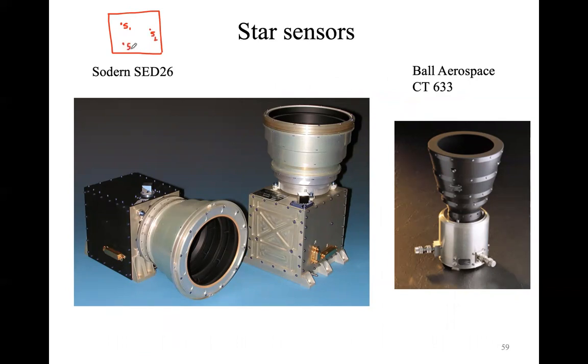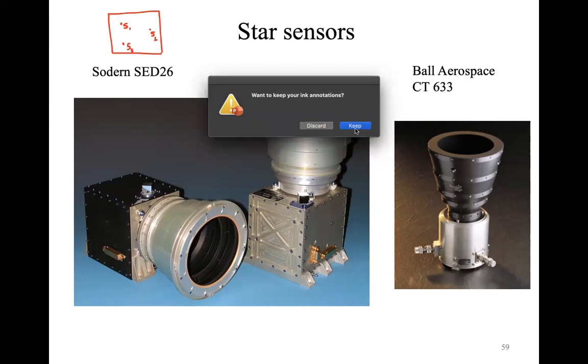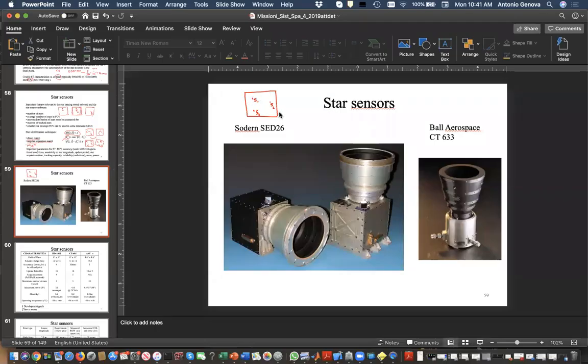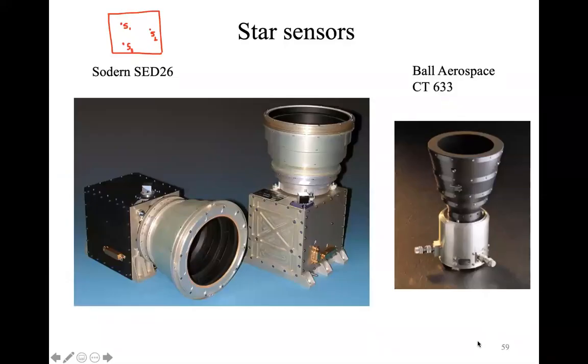So we use, for example, the polygonal match in order to determine that those stars are indeed in our field of view.